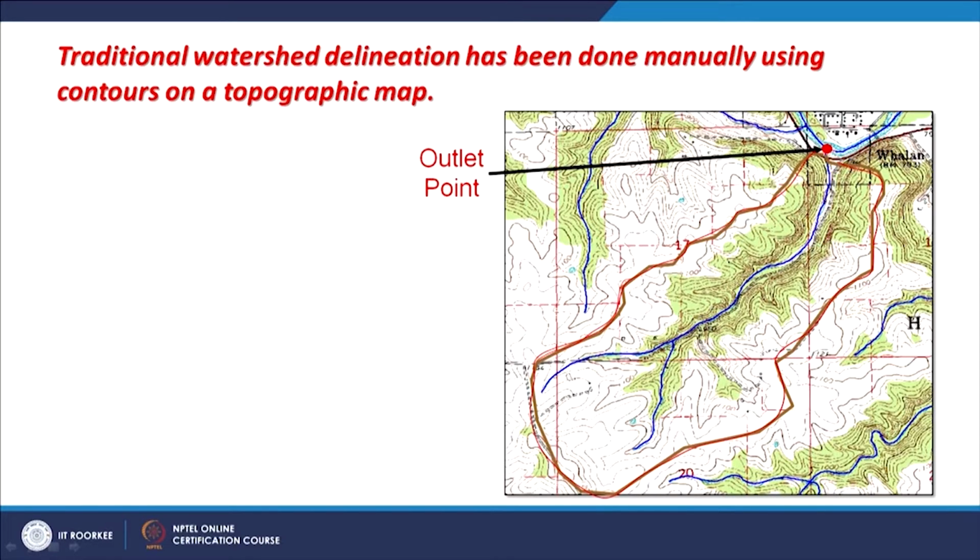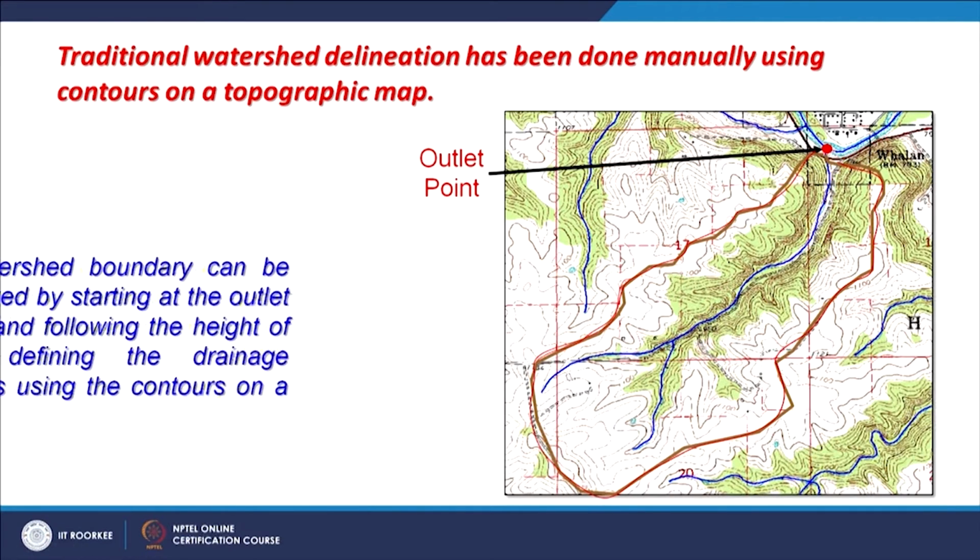But if we are having GIS and a digital elevation model, we can do all these things very accurately and automatically through surface hydrologic modeling. So traditional watershed delineation, which we have been doing earlier when we did not have GIS and digital elevation models like today, was done by using contours on a topographic map.